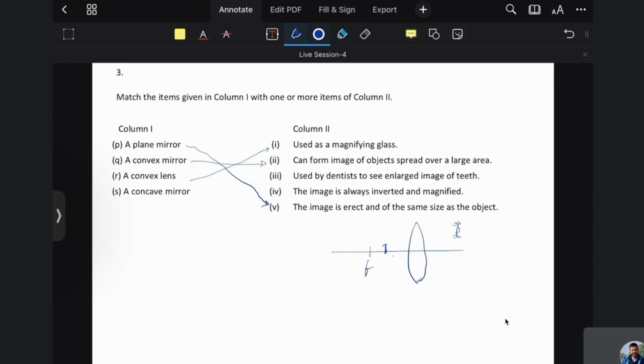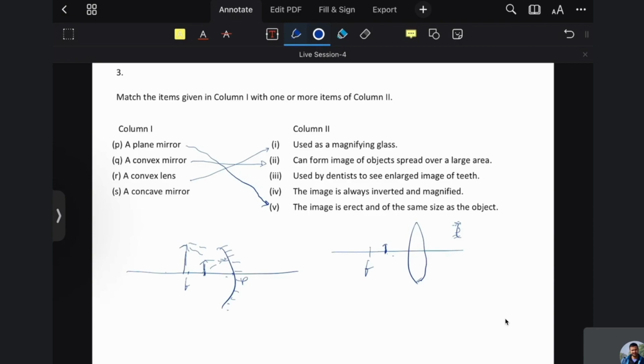For a concave mirror, if your object is placed between pole and focus, you will get an enlarged image, right?